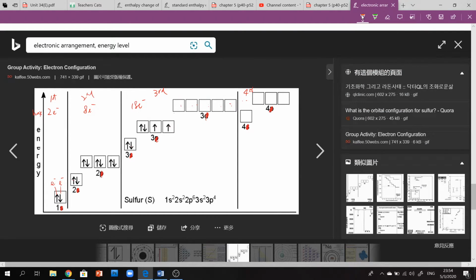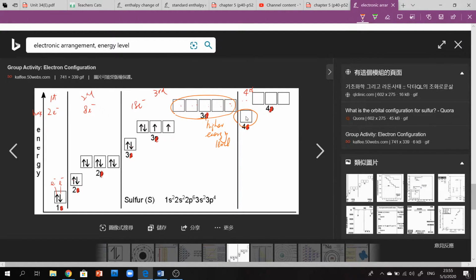Can you see that? For the third shell, the final 10 electrons we fill in have a higher energy level than the fourth shell's first level, right?